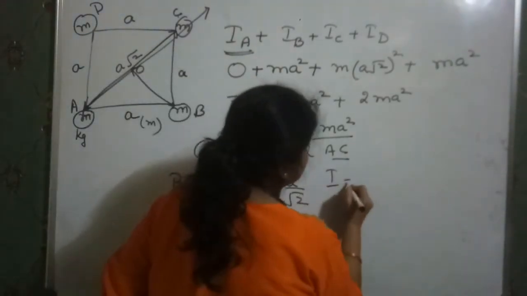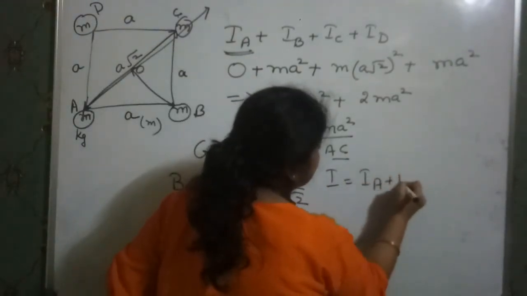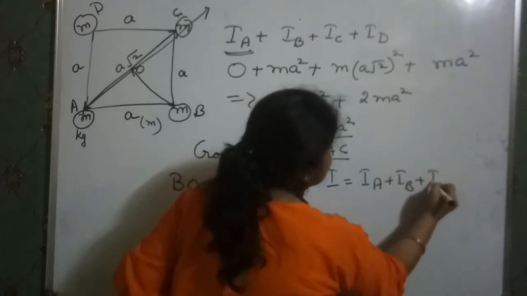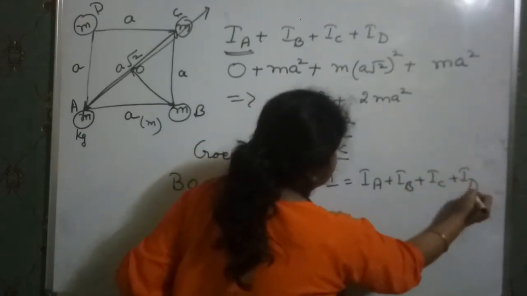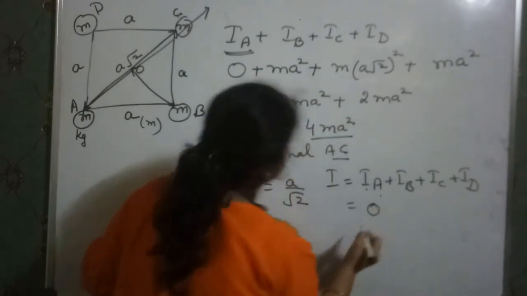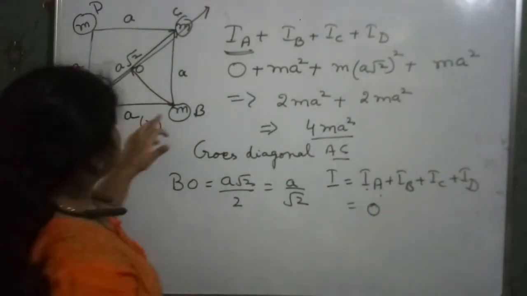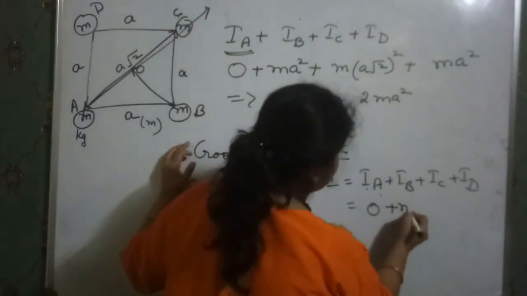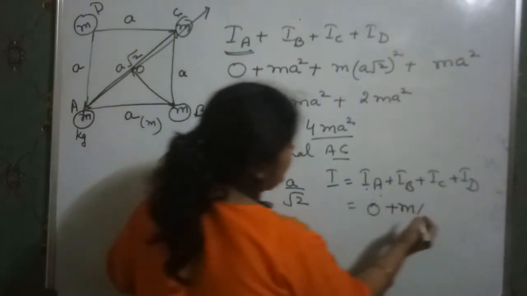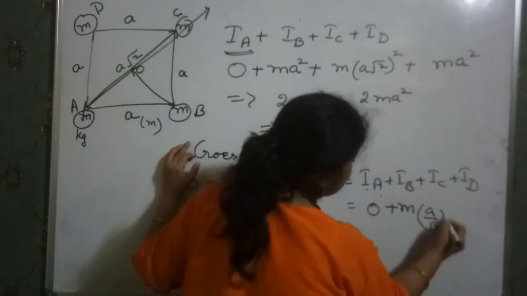Total moment of inertia is IA plus IB plus IC plus ID. The value for IA is 0, as the axis of rotation goes through the point A. For IB we have M times the square of the distance a by root 2, whole squared.